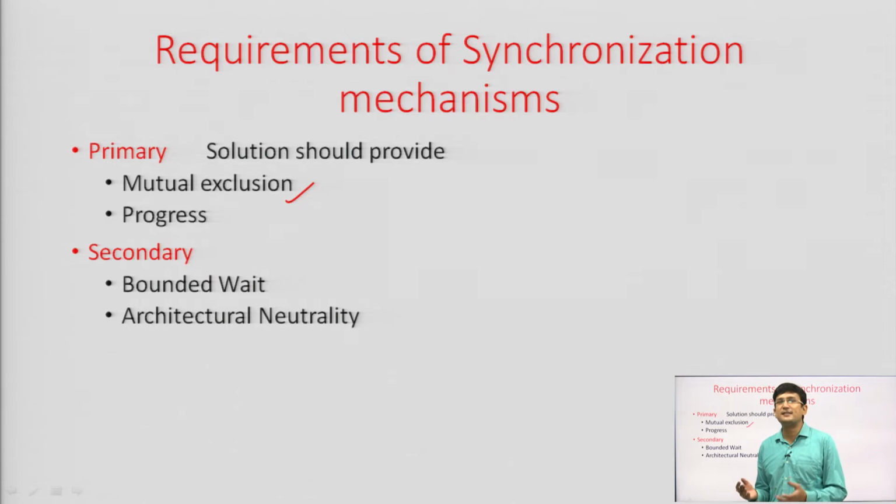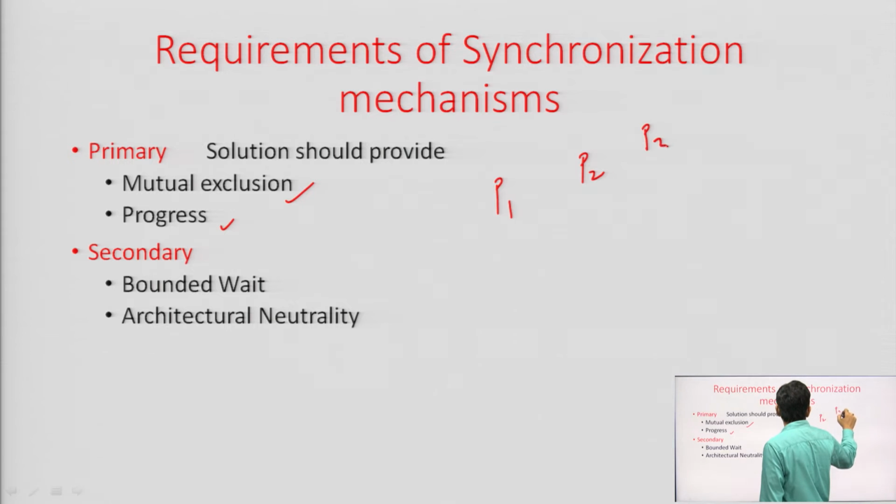The entire theory starts with the mutual exclusion. Our solution should guarantee that the mutual exclusion is there. Then the progress property. Let us say there are 4 processes P1, P2, P3, P4. They are the competing processes for accessing the critical section.